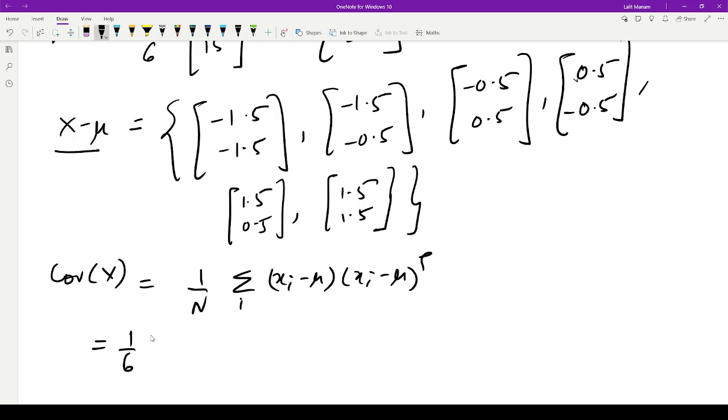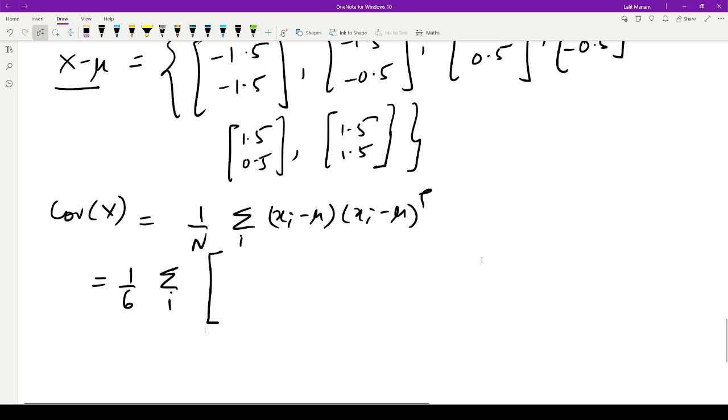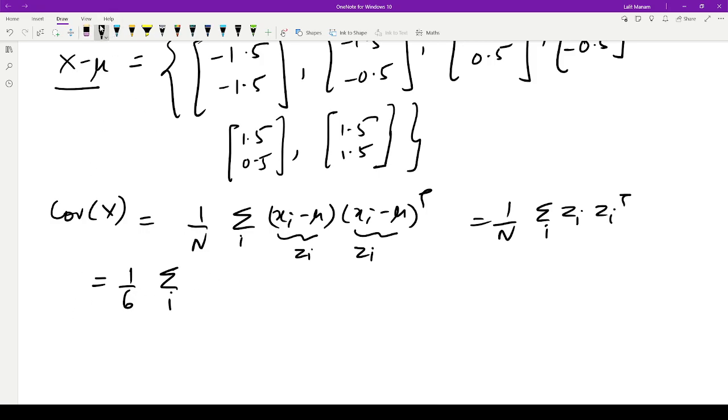We'll sum this, but I can just copy the specific values with this question quickly. Let me call this zi. So it is 1 by n summation over i of zi zi transpose. Given that this is zi, how will the overall matrix look?